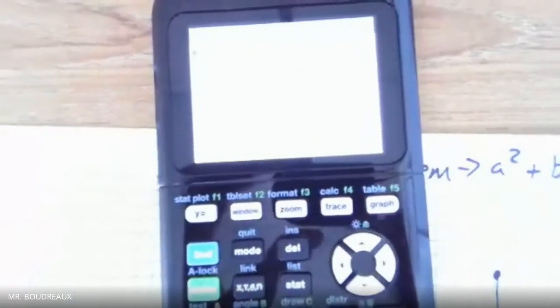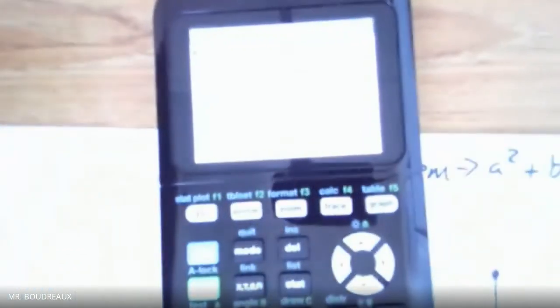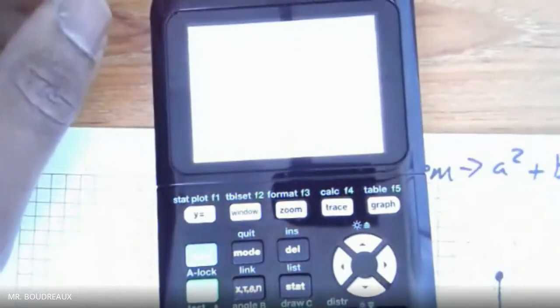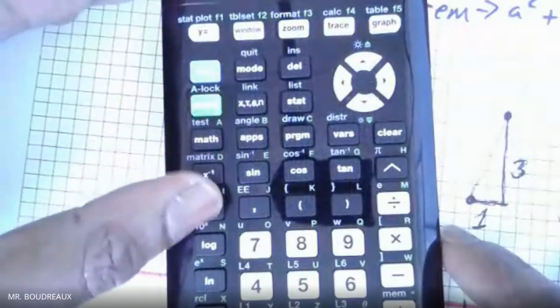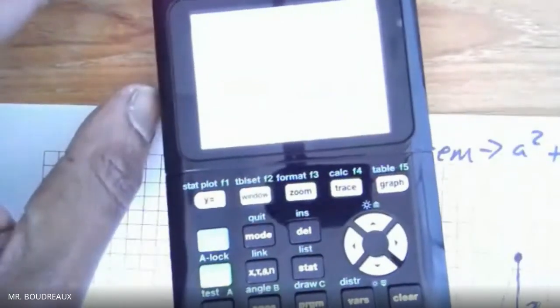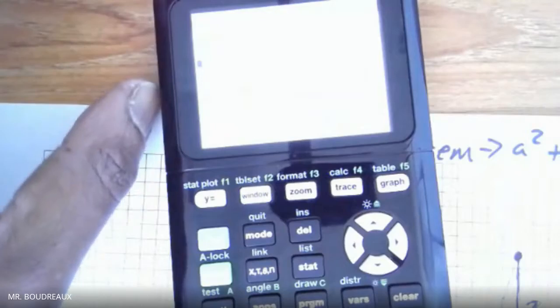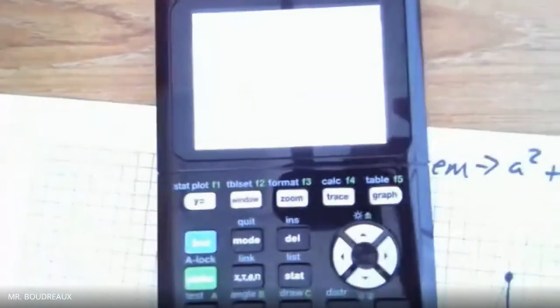All right, let me try to focus again. Okay. And now we're just going to press the blue button here, second, and then go down and press x squared because we want the square root symbol. All right, and now put in 10. And the square root of 10 is that decimal that you still can't see.